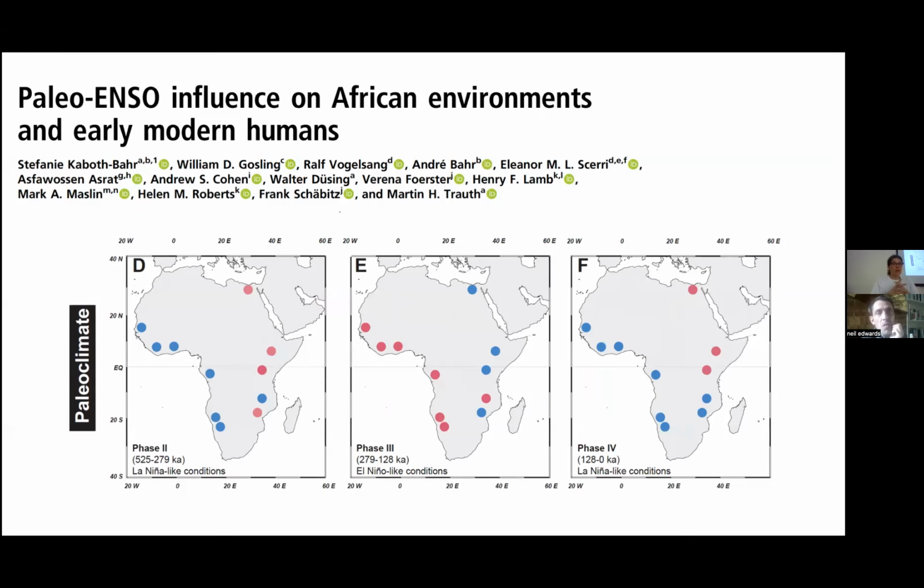Within the paper, based on data that was available from the continent and from the marine coast offshore, we analyzed them, and then we came up with an east-west shifting pattern that was related to certain phases. What we wanted to do is use pastclim to check if we can squeeze out of the model a pattern that looks anywhere similar to what we got from the proxy data. So it was just a verification of what the proxy data indicated and to see if pastclim can capture it.